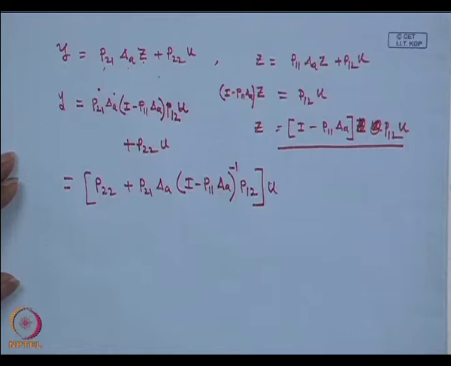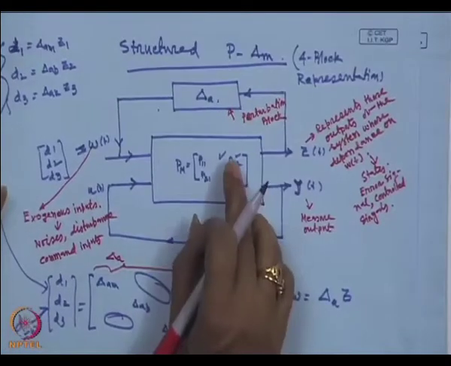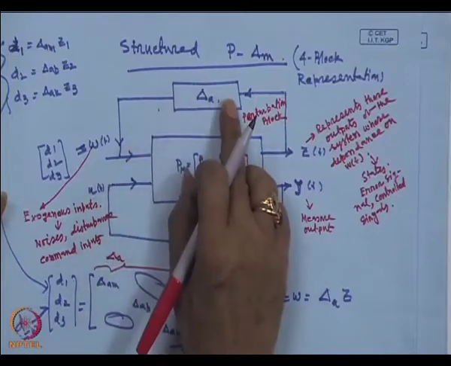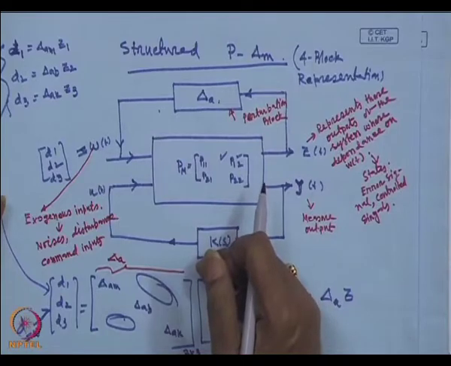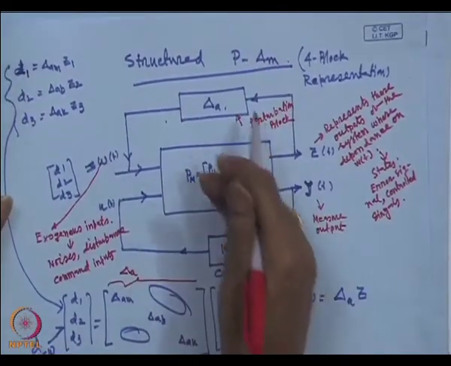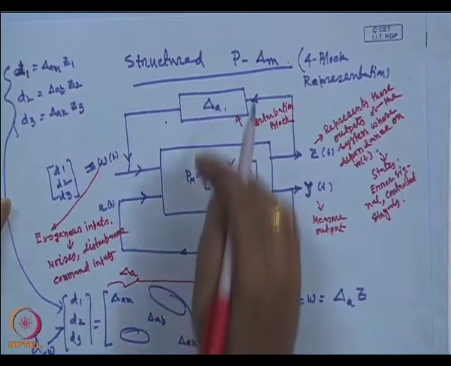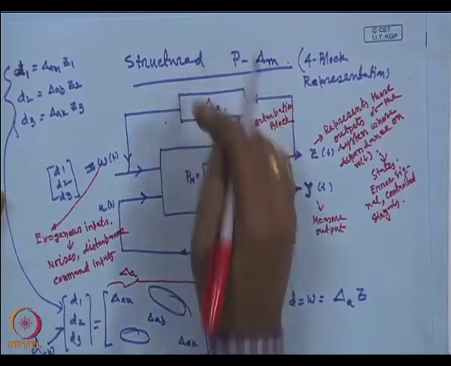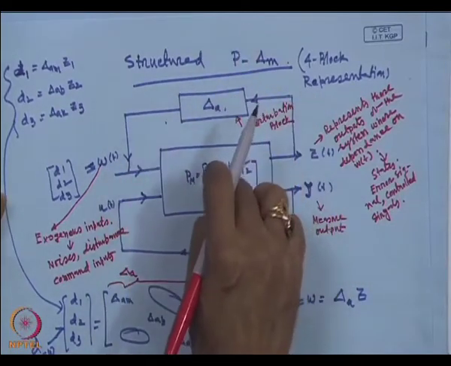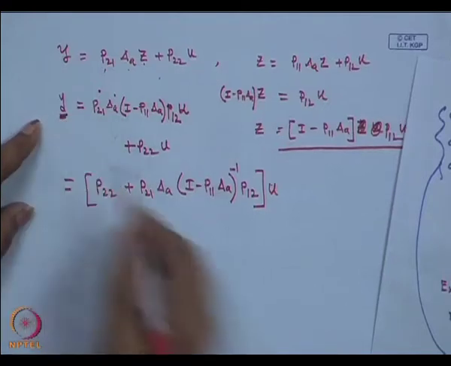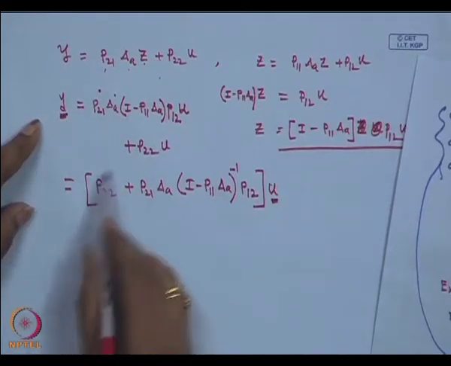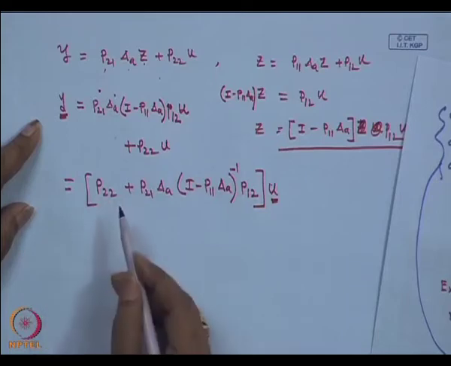Now you see how to remember that one. When you want to merge the outer upper loop block into a P, then the input-output relationship, the y and u relationship, the transfer function, you are getting this. How to remember?